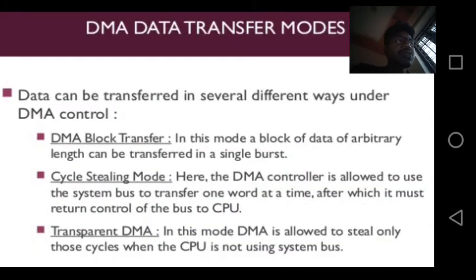And the third approach is transparent DMA. In transparent DMA, the DMA is allowed to steal only those cycles when the CPU is not using the system bus.